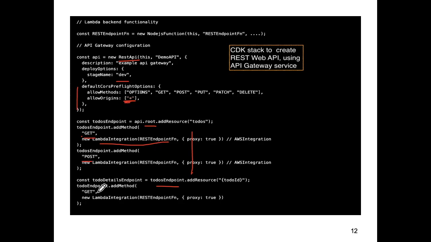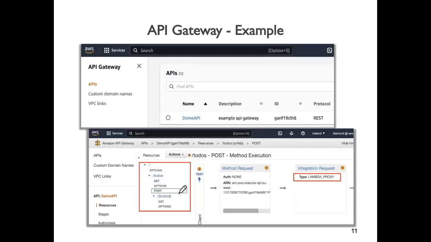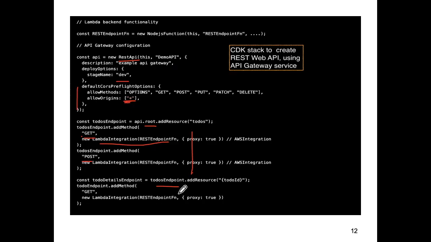I'm only supporting GET requests, though, to this particular endpoint. And I'm integrating it with a Lambda, which happens to be the same Lambda. Okay, so it's long-winded enough, I suppose, but I do think it's fairly easy to understand.